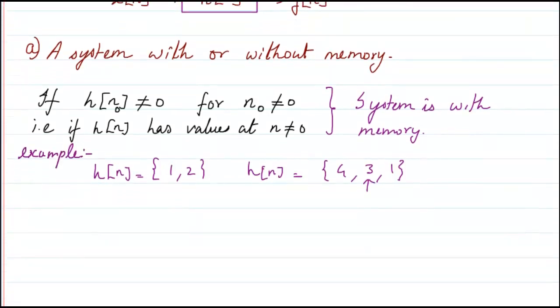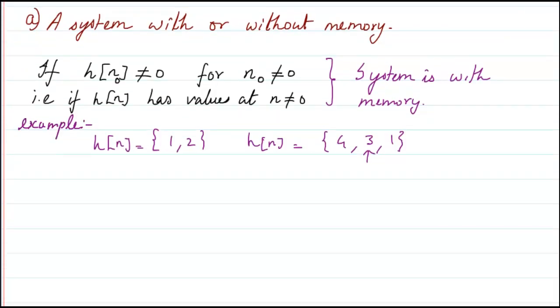Then obviously a system without memory will have values only at n is equal to 0.